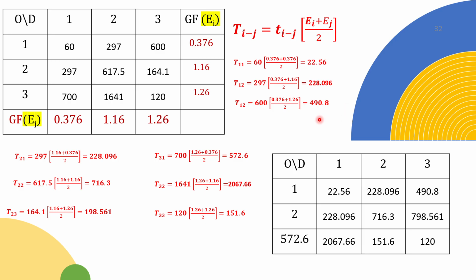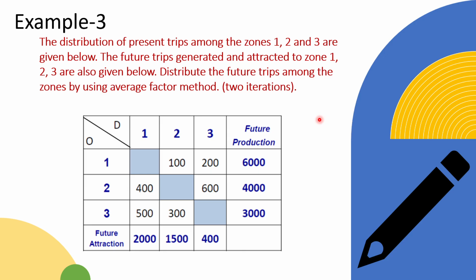So you have to do the calculation by yourself, and please check the answer with this, don't try to blindly copy it down. Just do it by yourself, and if you have any doubts you can comment on this video.